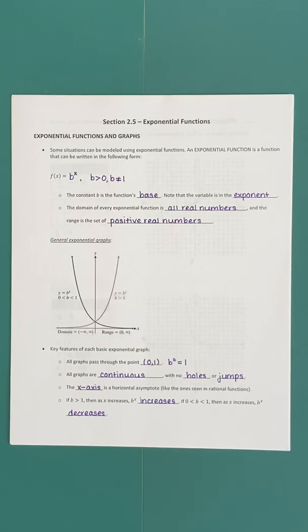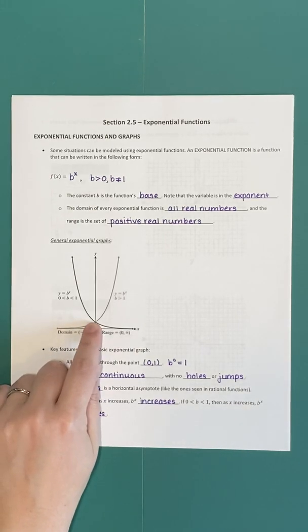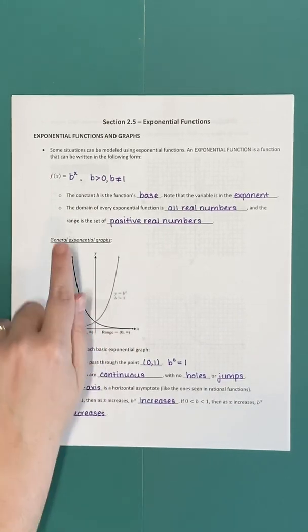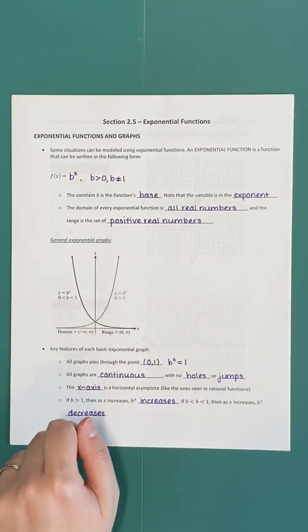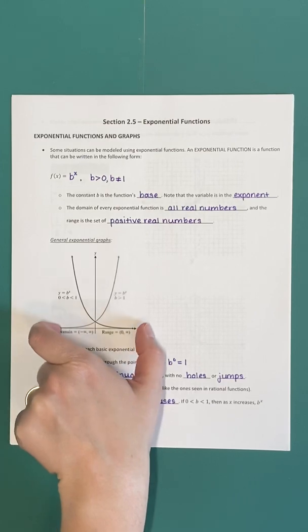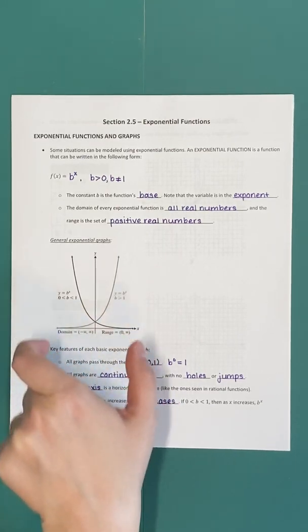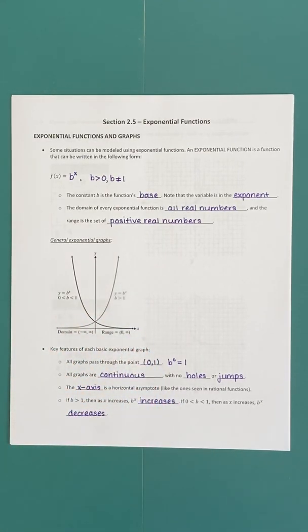So in that situation, we lose that common point at 0, 1, because the whole graph is shifting, and we also lose that horizontal asymptote on the x-axis. We still have an asymptote, but it shifts to a new location.